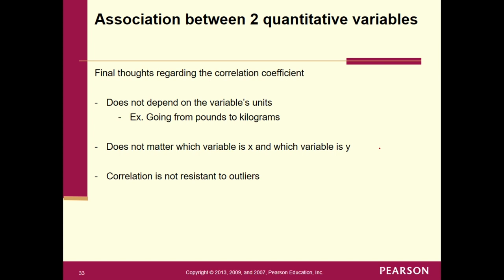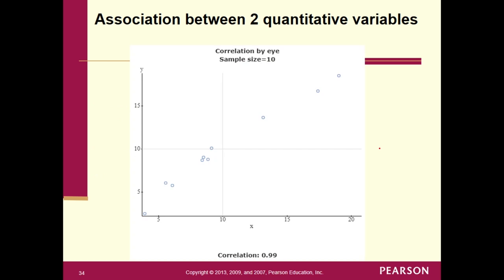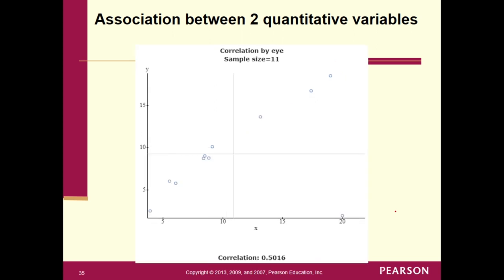And then correlation is not resistant to outliers in any way, shape, or form. Let's say we had this type of relationship, suggesting a very strong positive relationship between these two variables. Notice the correlation here turned out to be 0.99. I went to the computer and added an observation, this one down here.